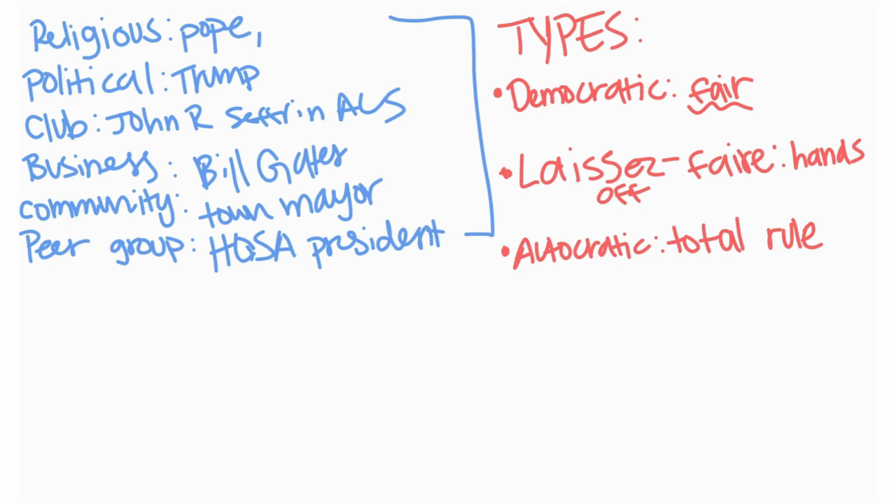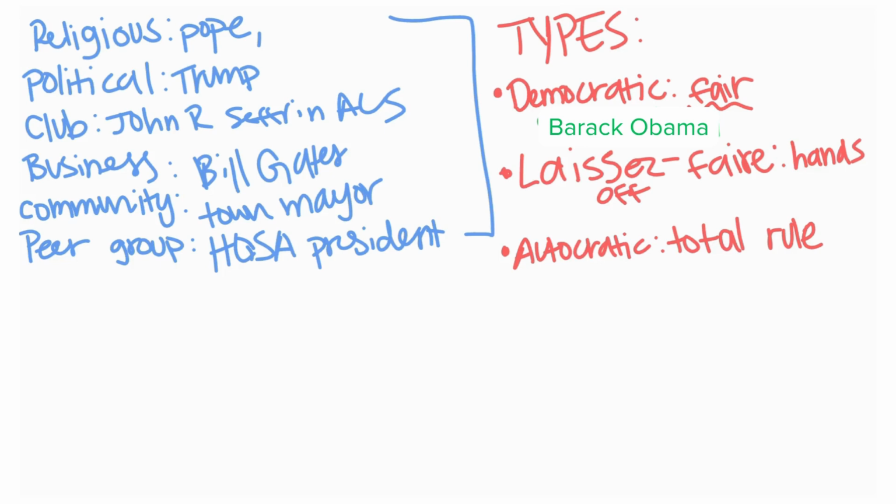A democratic leader could be a president, right? So we could say Barack Obama or Donald Trump. And then a laissez-faire leader could be someone who doesn't have a lot of influence. It can just be hands off. So this could be maybe a club president, right?